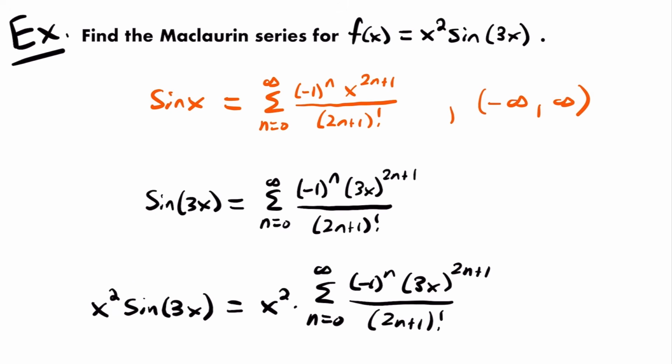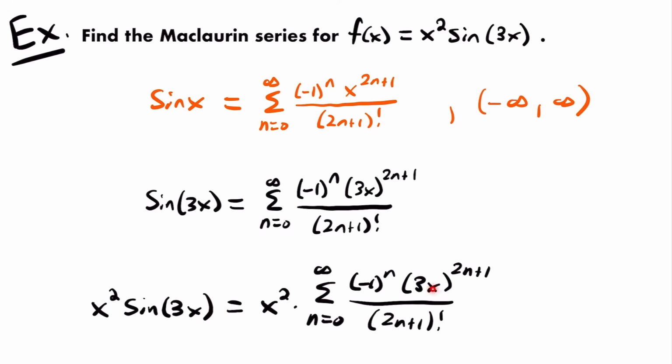Now we can combine x squared with this x in the numerator, but first we need to take this power to both of these parts, right? We can't just combine these powers by adding them just yet because we have different bases of x and 3x. But if we take 3 to the power of 2n plus 1 and x to the power of 2n plus 1, then we will have like bases that we can then combine.